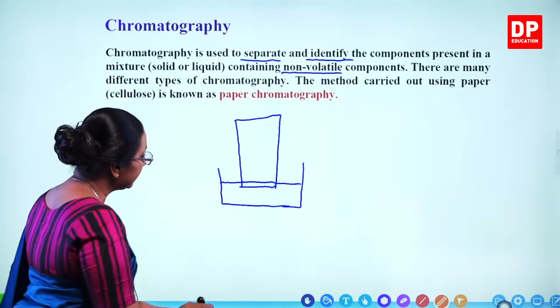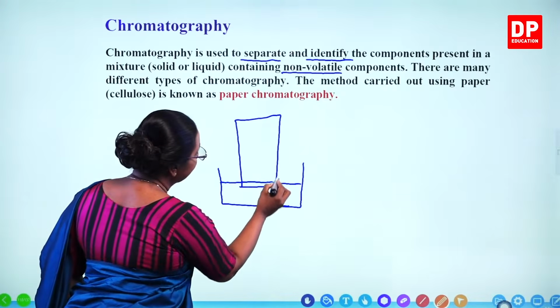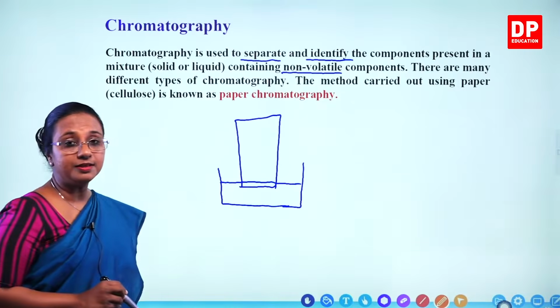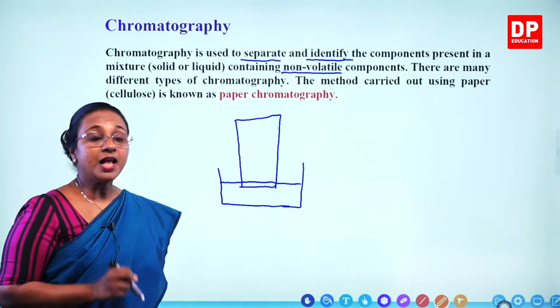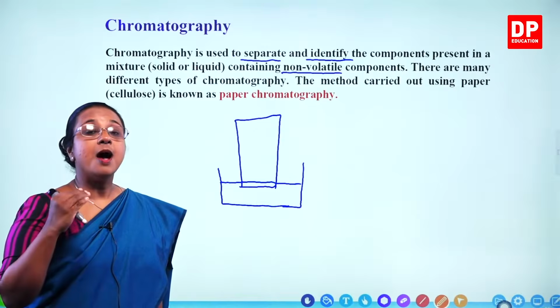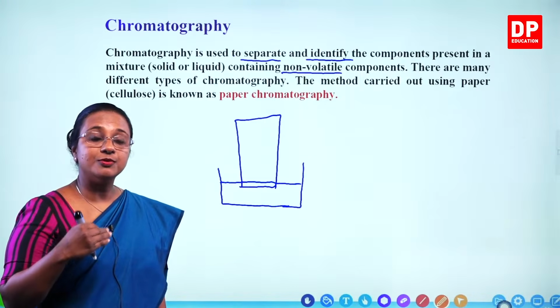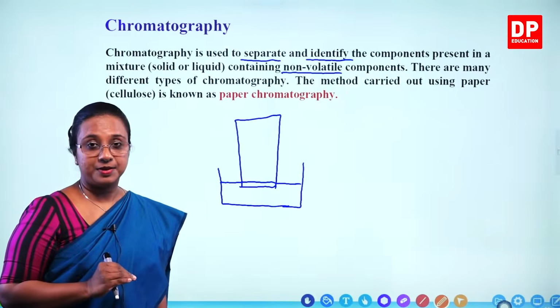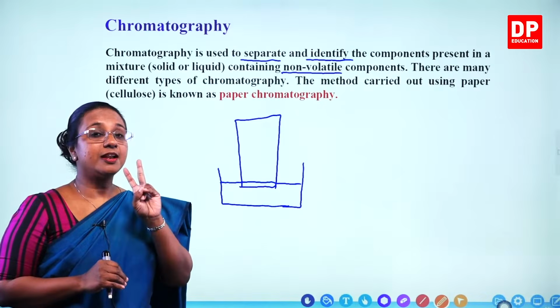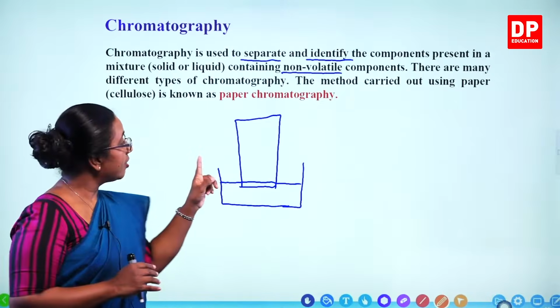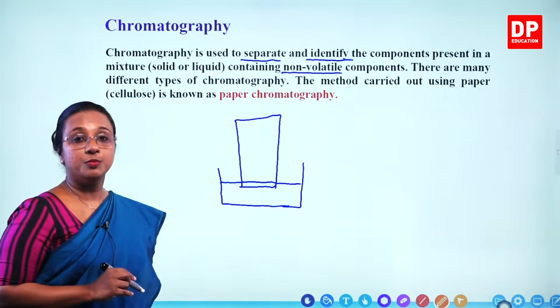Obviously, you will see that the moisture will rise up along the paper. Now, this is the migration or movement of water molecules along the paper. I told you all there are two phases. Now, the paper doesn't move.